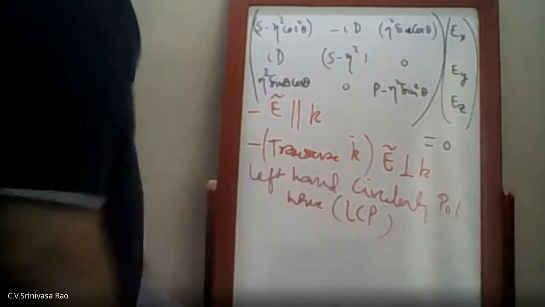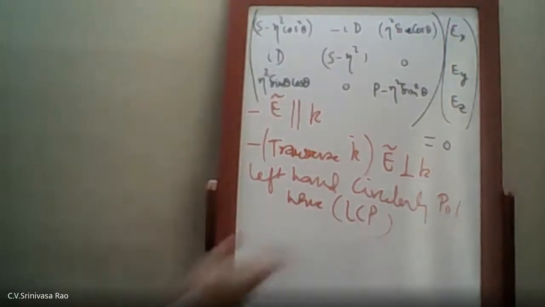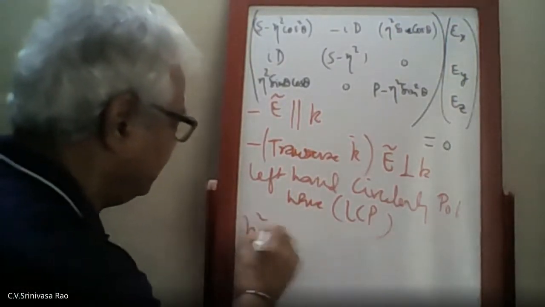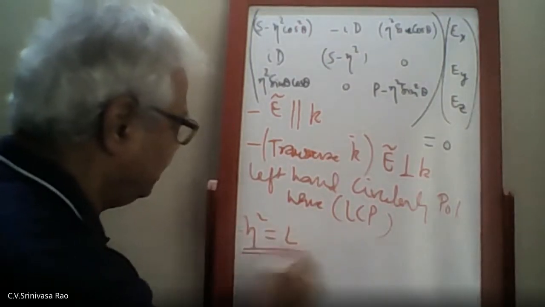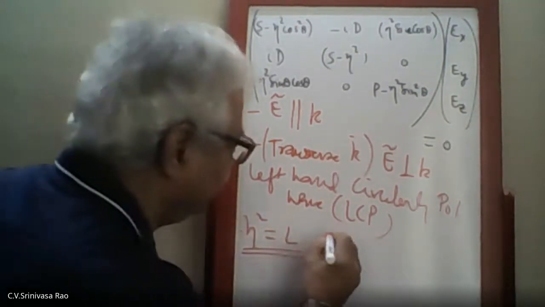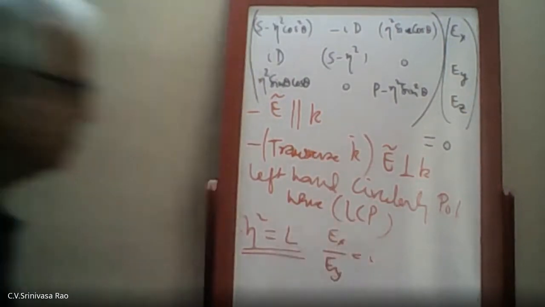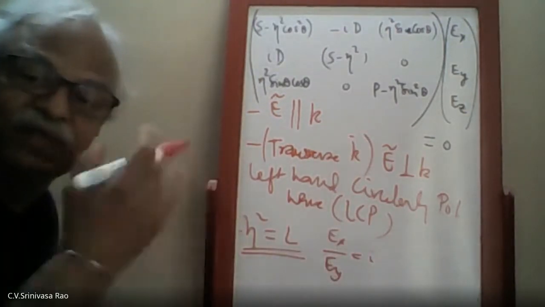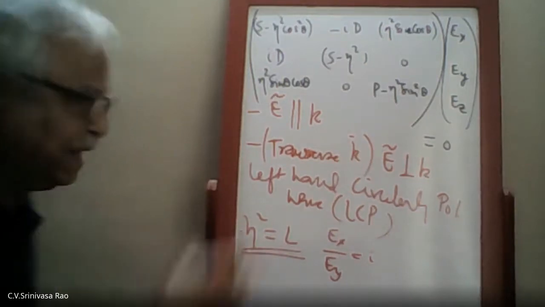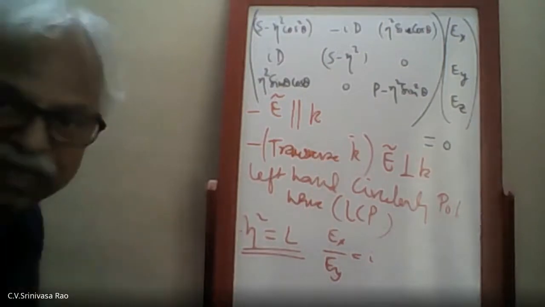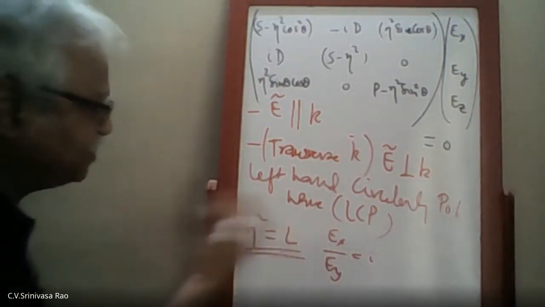Again for this we got the direction of polarization by putting n square equal to L. By that we got Ex by Ey equal to i, which is in the anti-clockwise direction. Earlier wave RCP was in the clockwise direction, and this is in the opposite direction.